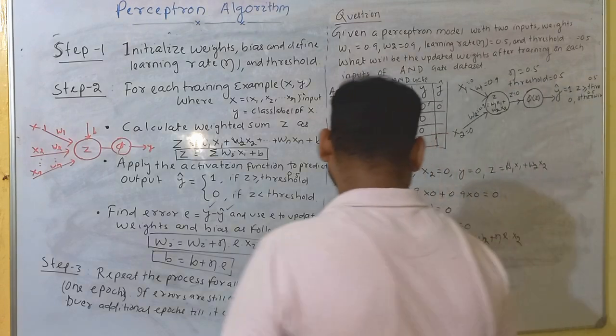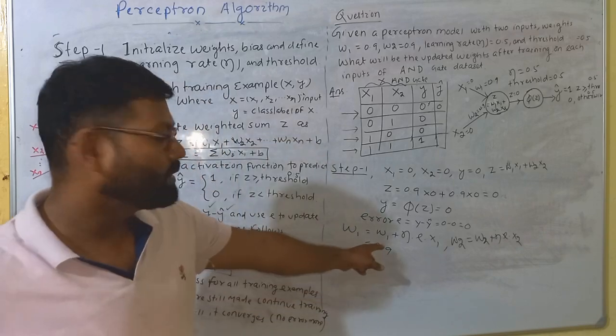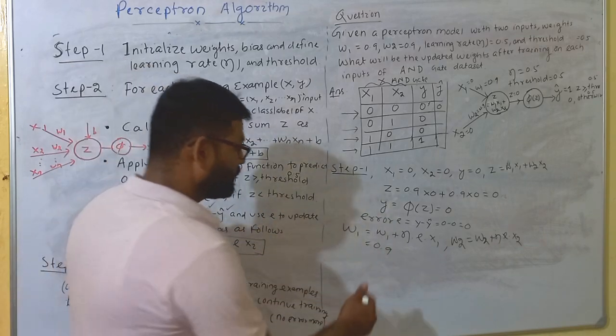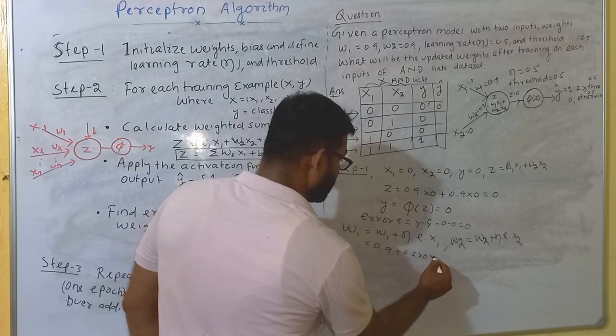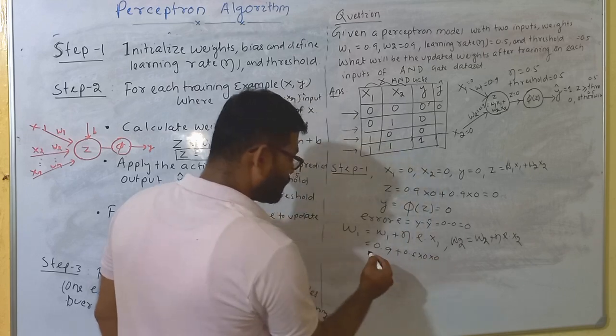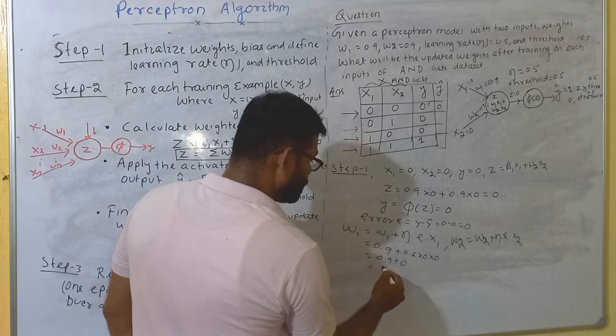So put in the values. W1 is initially 0.9, plus eta equal to 0.5, error is 0, x is 0, so this total thing is 0. So 0.9 plus 0 is equal to 0.9.